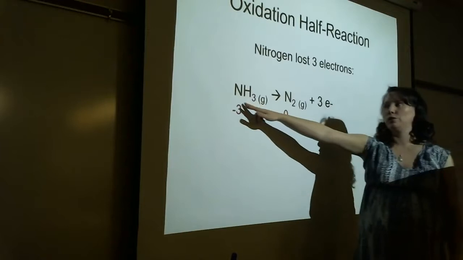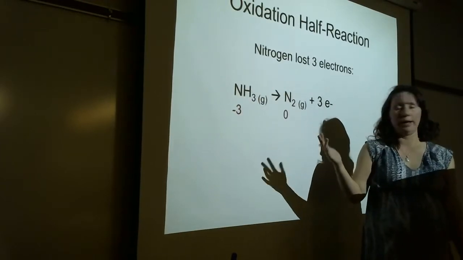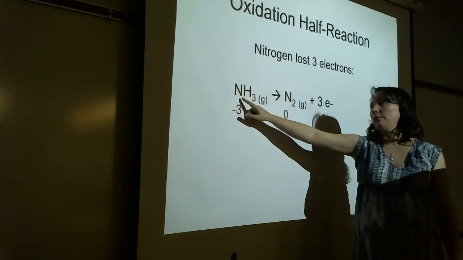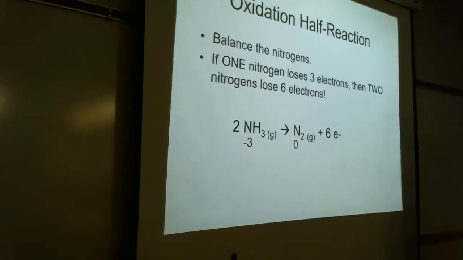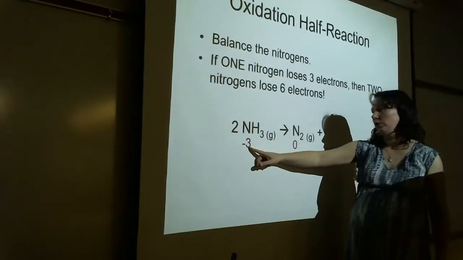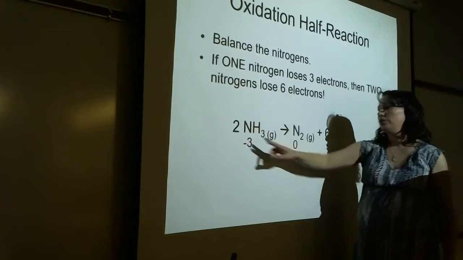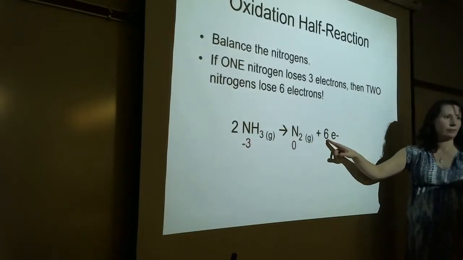I've only got 1 nitrogen on this side. Nitrogen's not part of my solvent in any way. So what's the only way that I can balance nitrogen? Coefficient of 2, right? If 1 nitrogen would lose 3 electrons, then 2 nitrogens will lose 6.